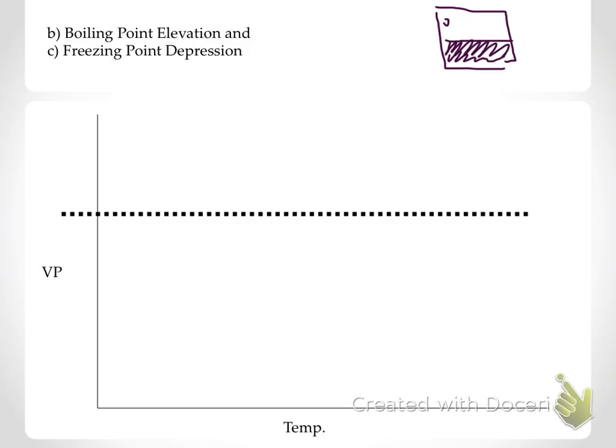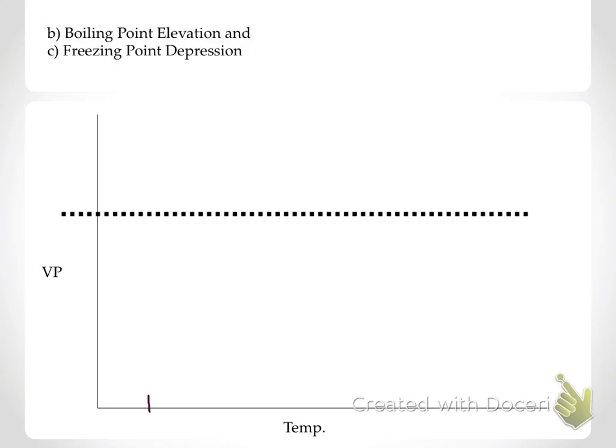And the number of water molecules, remember, in the gas phase is going to determine our vapor pressure. So if we have a spot right here where our water, I just lost my drawing. Let's say we have water at 0 degrees Celsius.